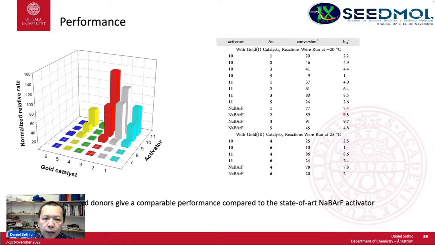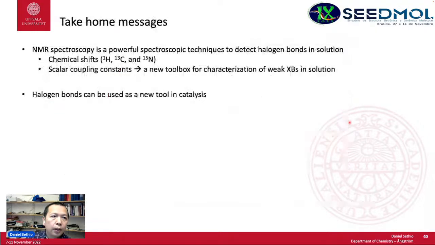As we can see here, the halogen bond donor activator performs comparably. So the take-home message: I hope I can convince you that NMR spectroscopy is a powerful spectroscopic technique to detect halogen bonds in solution.